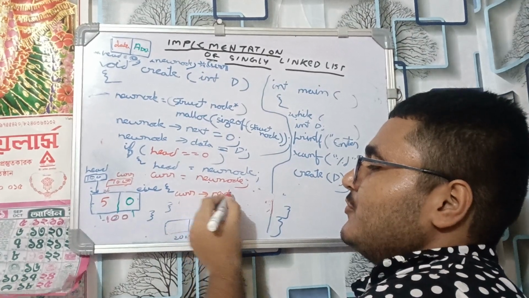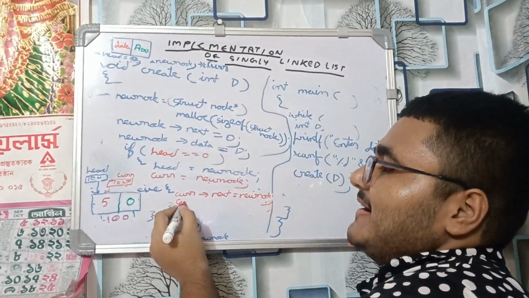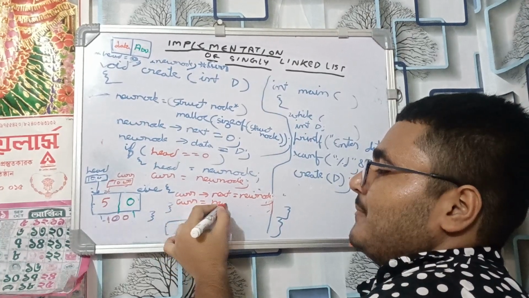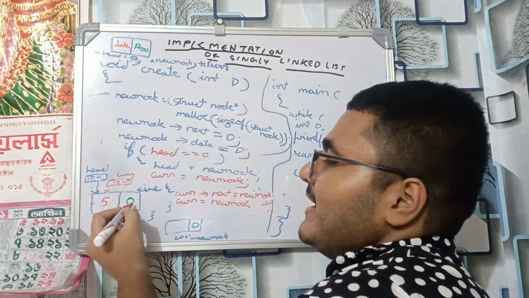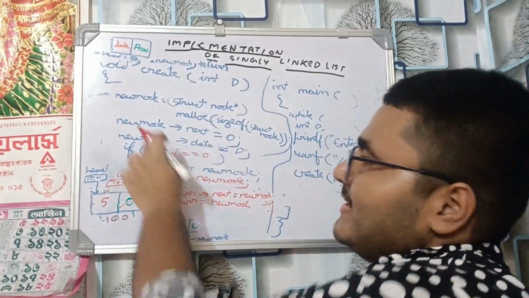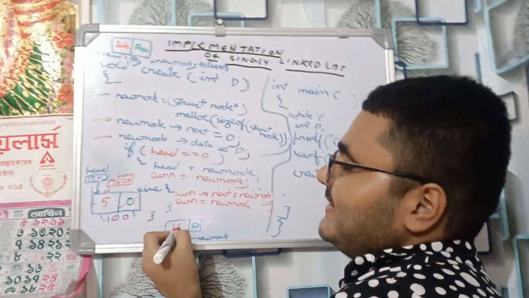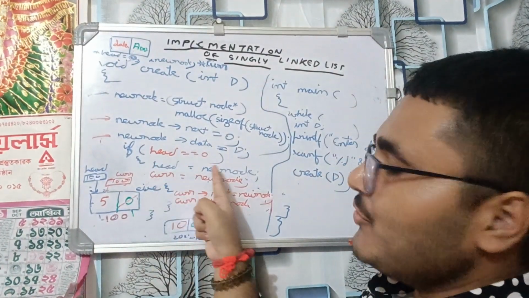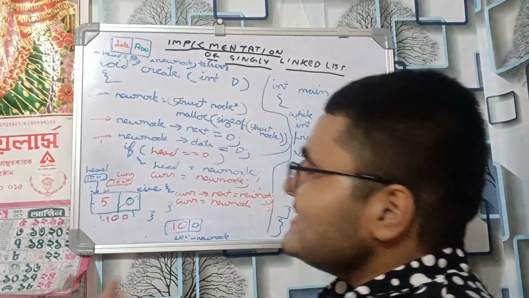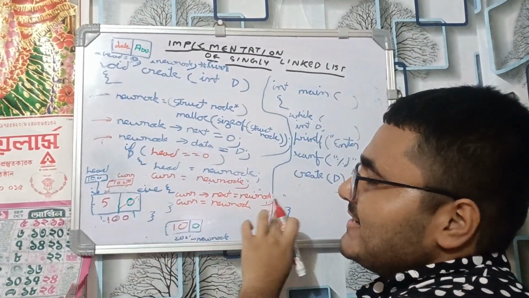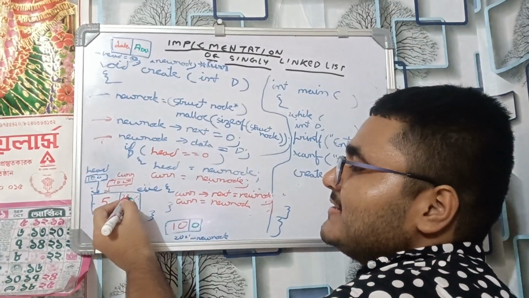Current next equal to new node, and current is equal to new node. Fine. So current is now pointing to this node, and this line has been executed. Is head equal to 0? No, head is pointing to 100 now. So as head is pointing to 100, current next equal to new node. Current is also pointing to this node, so current next equal to 200.